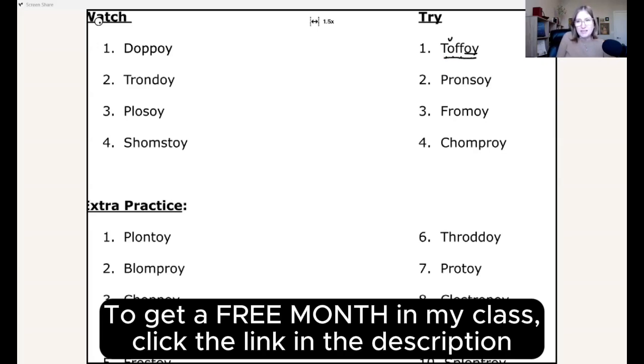Now, since we're talking about exceptions, you will see OY in another word where it's in the middle. It's a very rare exception that OY will be in the middle of words. And that's if it is at the end of a syllable, such as in royal or royalty. But usually when you see OY, it'll be at the end and it just says oi.